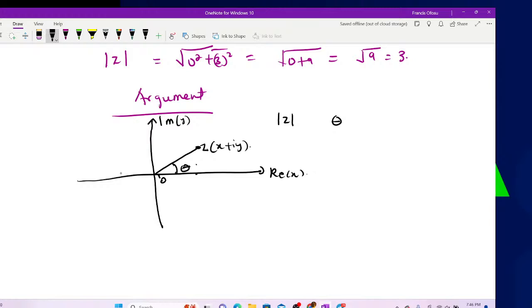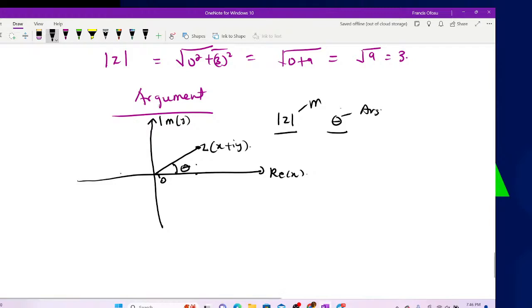Meaning this complex number z has this length from here to here, as well as being moved away from the x-axis by the angle theta. So the representation of a complex number in the Argand diagram gives it two characteristics, which are the modulus as well as the argument. How do we find the argument in that case?